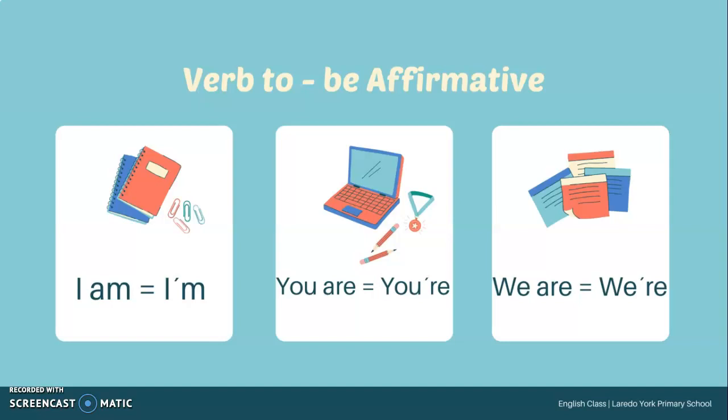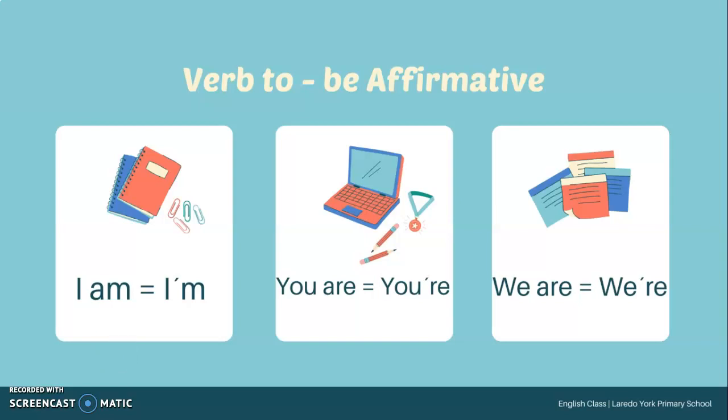I am or I'm. Actually, most of the people in America or in other countries where they speak English actually don't use I am too much. They use I'm. So it will sound more natural if you say I'm, okay?